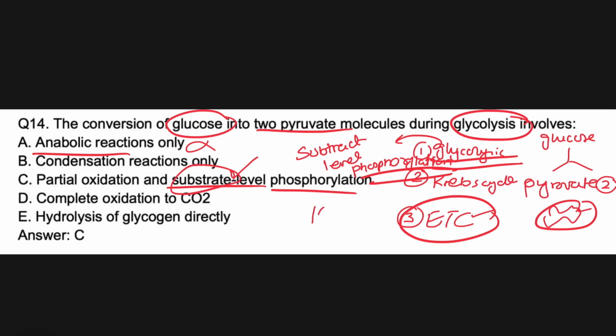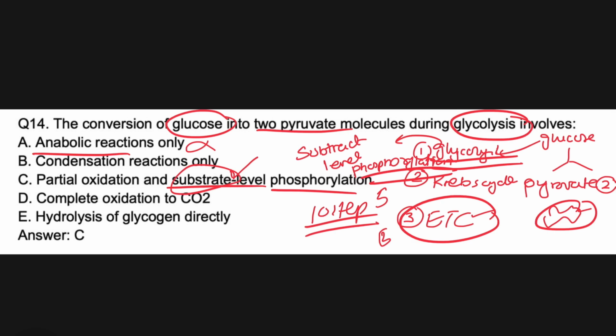So glycolysis is a 10-step process, right? In the first 5 steps you are using ATP, and then in the last 5 steps of glycolysis you are generating ATP. So in glycolysis you get a net profit of 2 ATP, and these ATPs are formed by substrate level phosphorylation, because in these 10 steps you are forming different sorts of compounds, one by one.